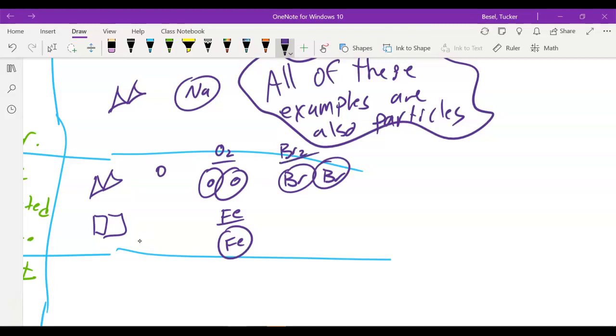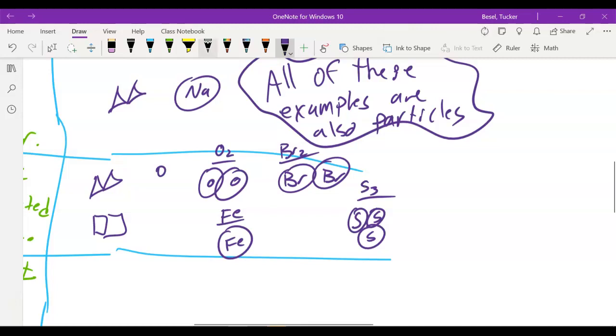So you can have these singular ones by themselves, or you can have these pairs, or it could even be more than one pair. Like you could have 3 sulfurs together. Maybe that's S3. All of those count.